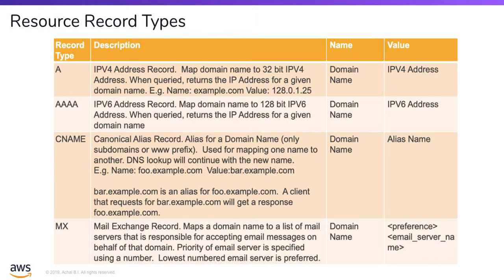Let's see what are the record types that are out there. One important and very basic record type is the A record. This is where you configure your domain name with the IP address. When you're using an IPv4 address pattern, you would use an A record, and when you use an IPv6 address pattern, you would use the AAAA record type. CNAMEs are nothing but canonical alias records.